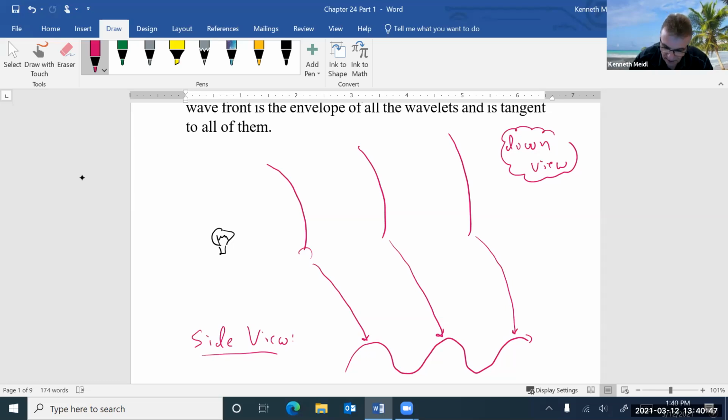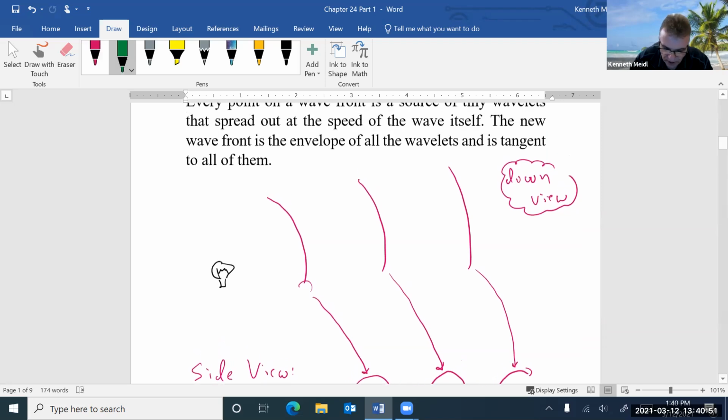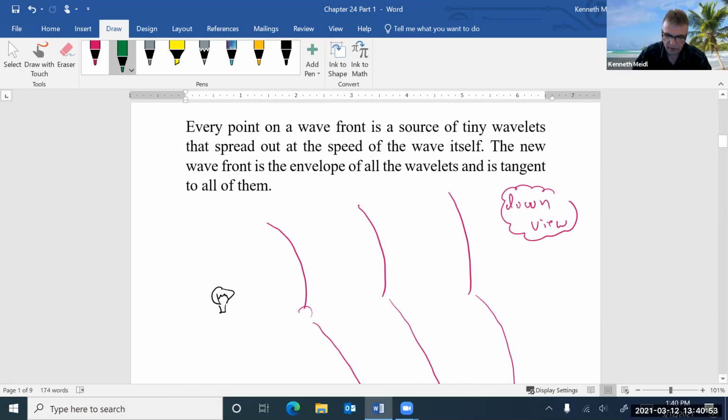Okay, now let's take a look here at Huygens' principle. Huygens' principle says every point on a wavefront. So here's a wavefront, and there's a point, and here's a point, and there's a point. Okay, so I can pick any points. I can pick them all, right? Point by point. So every point on a wavefront is a source of tiny wavelets that spread out at the speed of the wave itself.